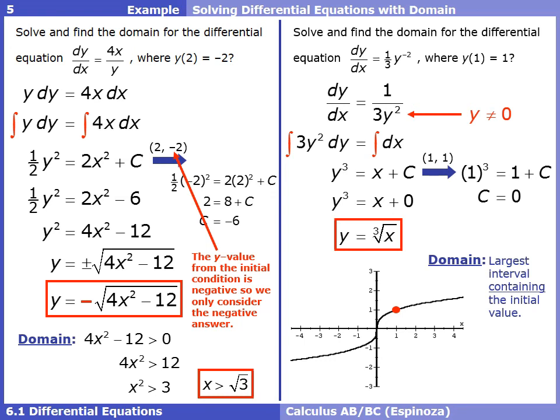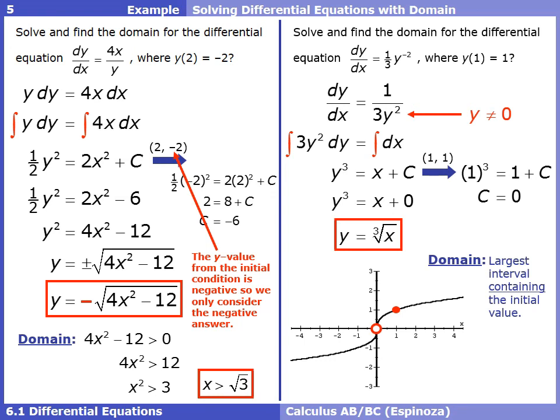In that derivative, the y is in the bottom, and of course we cannot divide by 0. So at our point 0, we have a hole. So this graph really doesn't go from negative infinity to infinity, it goes from negative infinity to 0, and then as a different piece, so to speak, it goes from 0 to infinity.